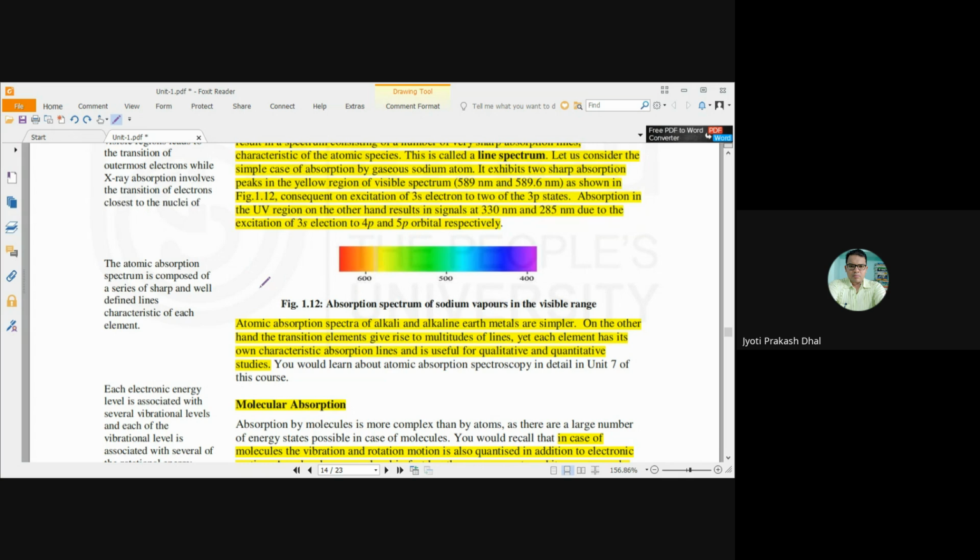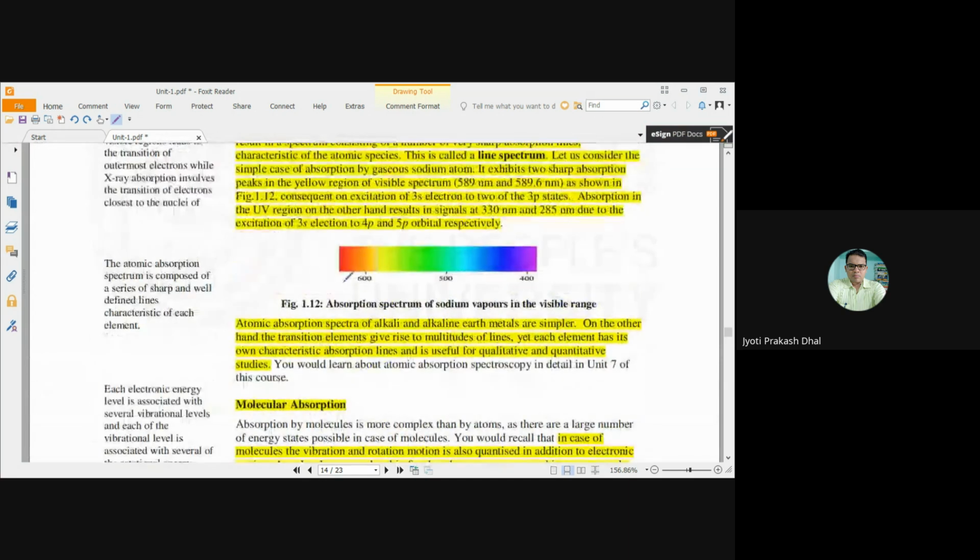Similarly, if it is excited by UV light, it absorbs radiations of 330 nanometer and 285 nanometer, due to excitation of the 3s electron to 4p or 5p orbitals.